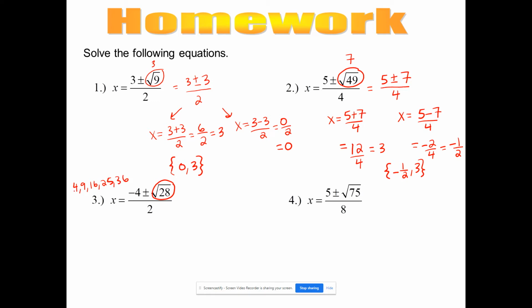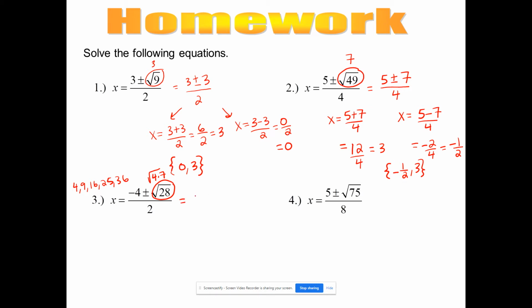We want to see out of these numbers, which of these numbers can we break 28 apart with? And 28 is the same as 4 times 7, because I can use 4. I like using 4 because it comes out as a 2. Any of these numbers, if they're inside that number, we can pull it out because these are all perfect squares.